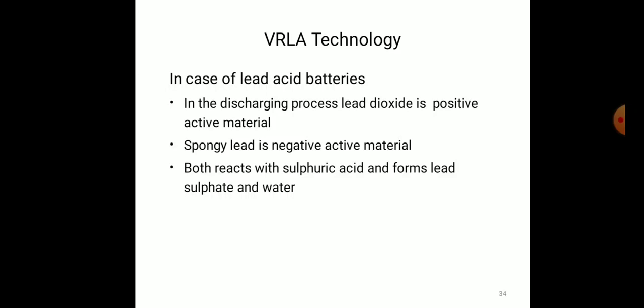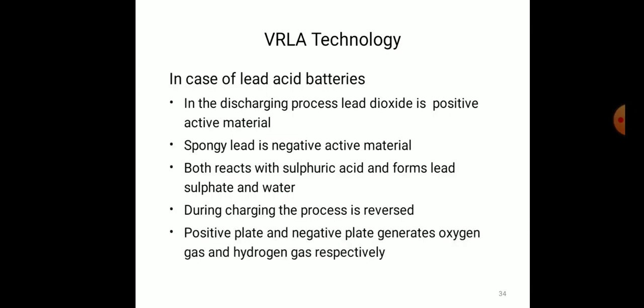Both react with the sulfuric acid and form lead sulfate and water. The meaning is that internally they produce water, so we need not maintain the water levels in the cell or battery. During the charging process, the process is reversed.